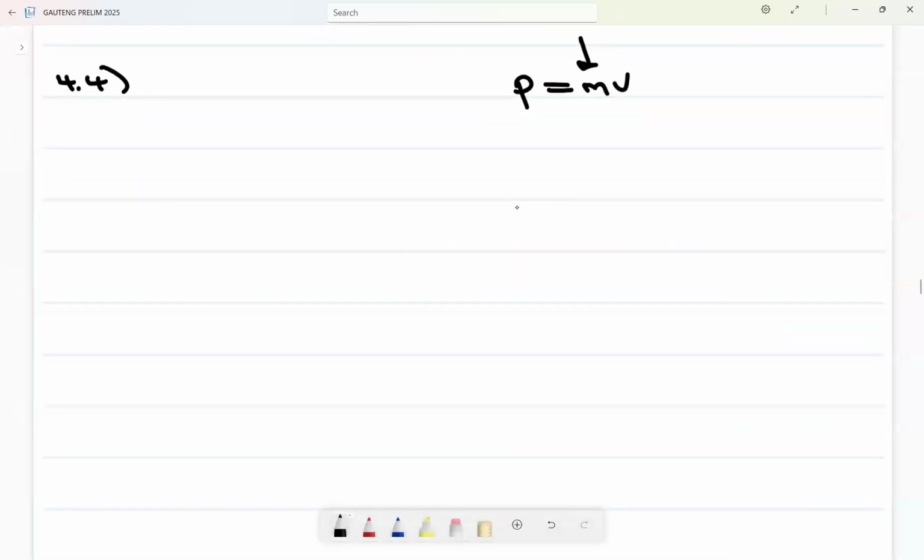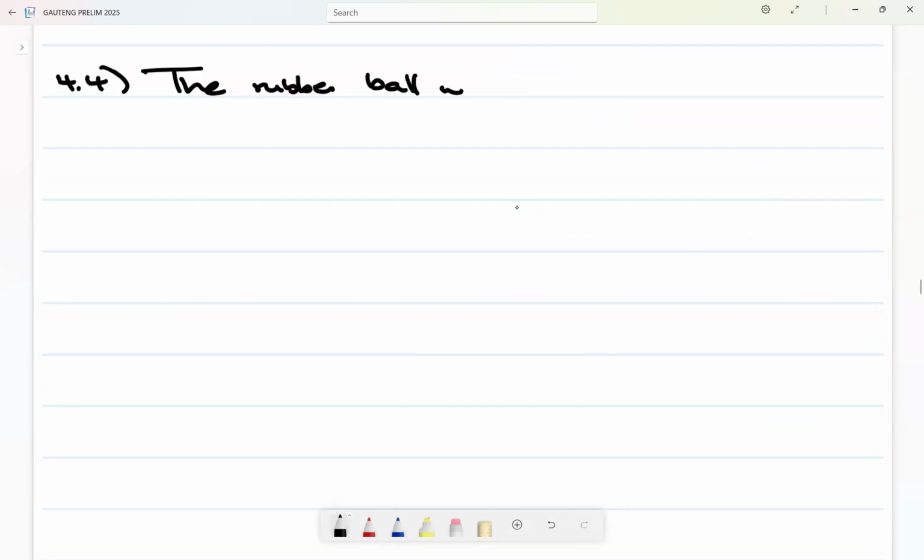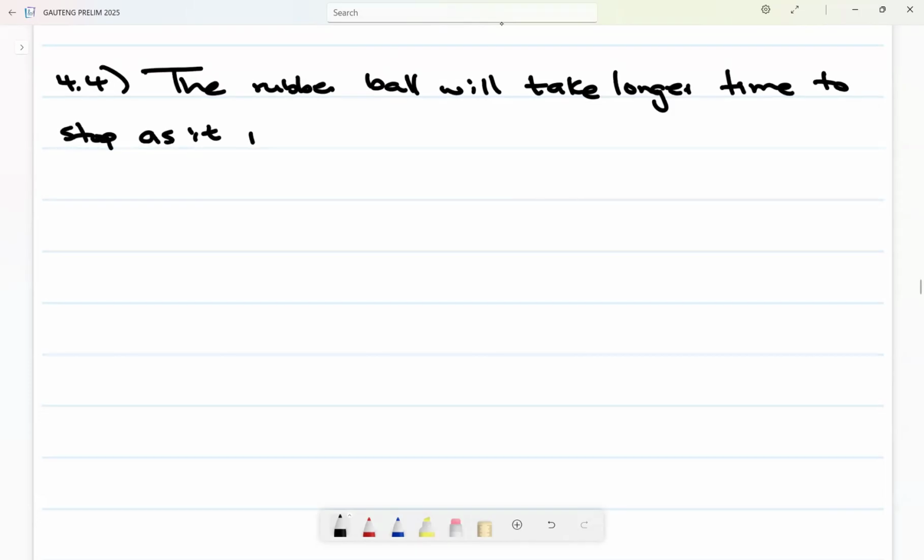Okay, and then for that we'll say, so it means the rubber ball will take longer time to stop as it is soft. I don't like how they put this question. Okay, that's the first bullet.